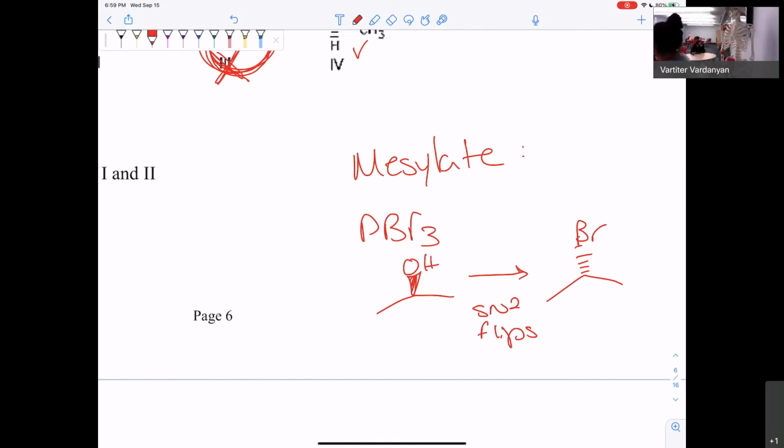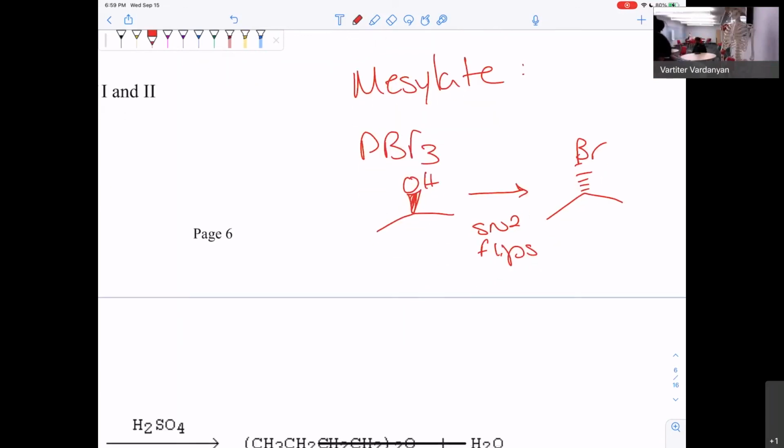So it doesn't need a second step. If you're just doing the PBr3, it will stay a bromine. If you want to turn this back into an alcohol, you can react it with the same kind of thing, NaOH. That'll be SN2 again, and it'll flip it back into an alcohol.